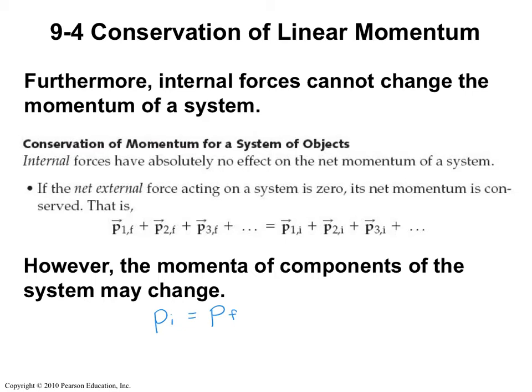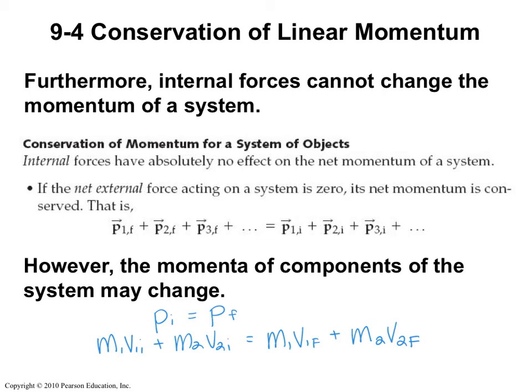Now if I plug this in, this could look something like m1 v1 initial plus m2 v2 initial equals m1 v1 final plus m2 v2 final. Now that's definitely a lot to say, and it's easy to mess that up. This is kind of like our baseline equation when we are talking about collisions. There are different types of collisions, but it's important to distinguish my velocity before and after the collision.